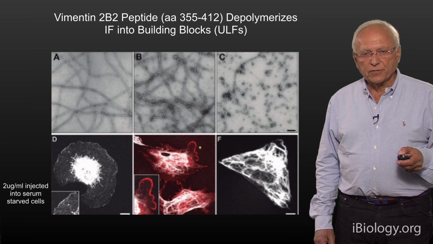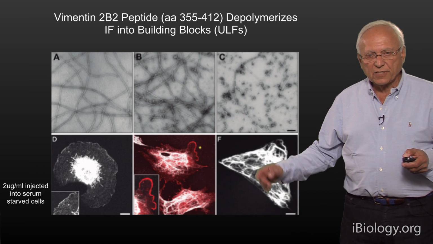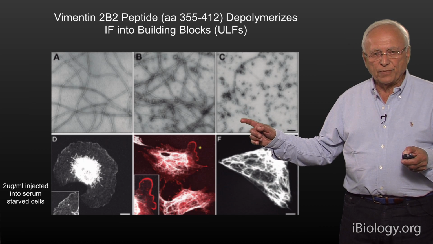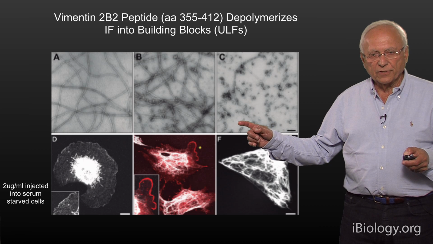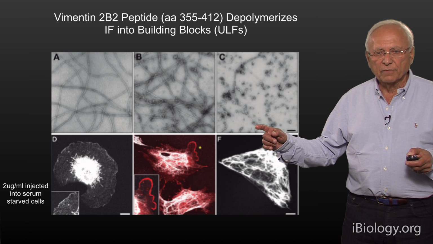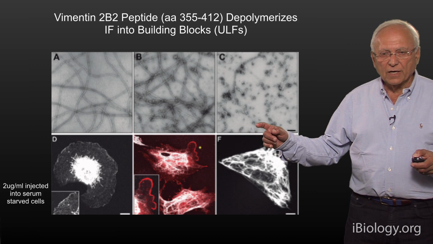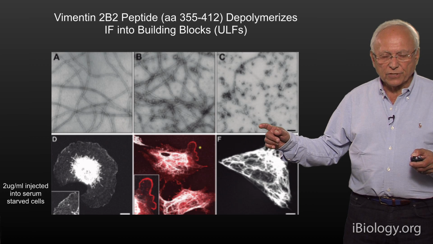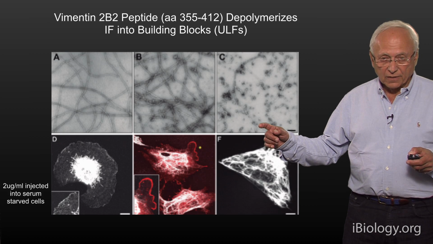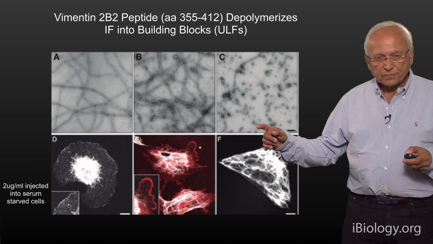So using this 2B2 peptide, we carried out some microinjection experiments. In the top panels here, just a repeat of what the peptide does to intermediate filaments, disassembles them into small pieces, which are unit length filaments.